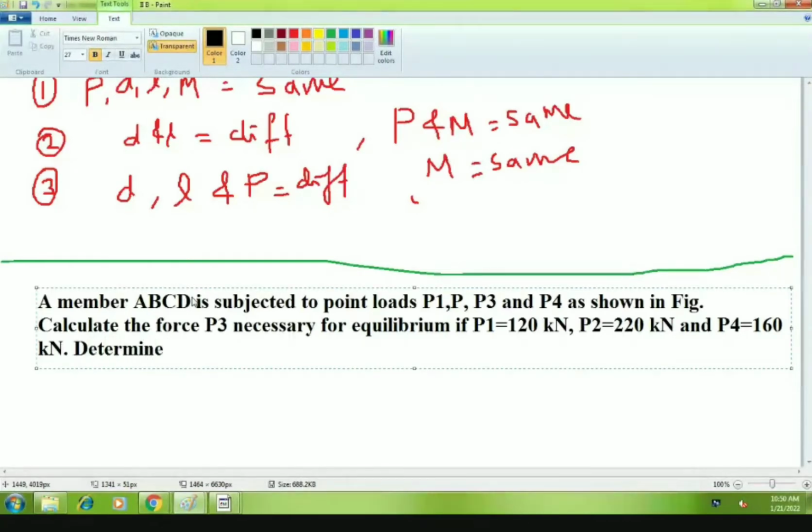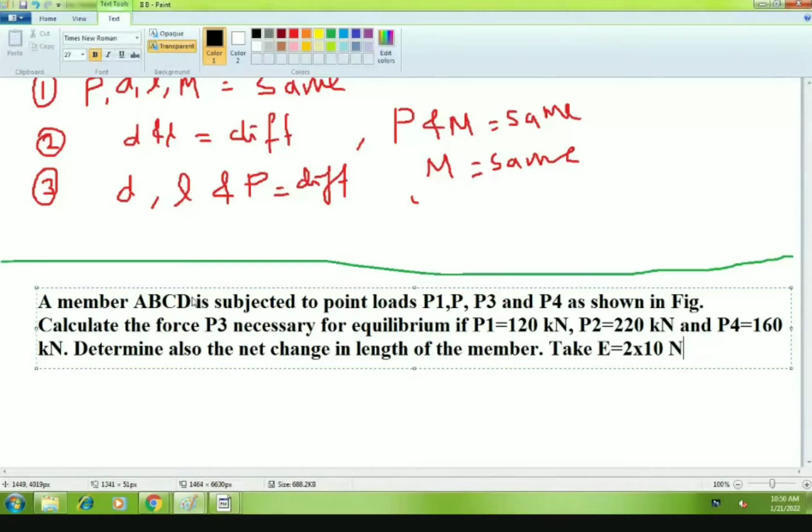Determine also the net change in length of the member. Take capital letter E equal to 2 into 10 to the power 5 Newton per mm square.